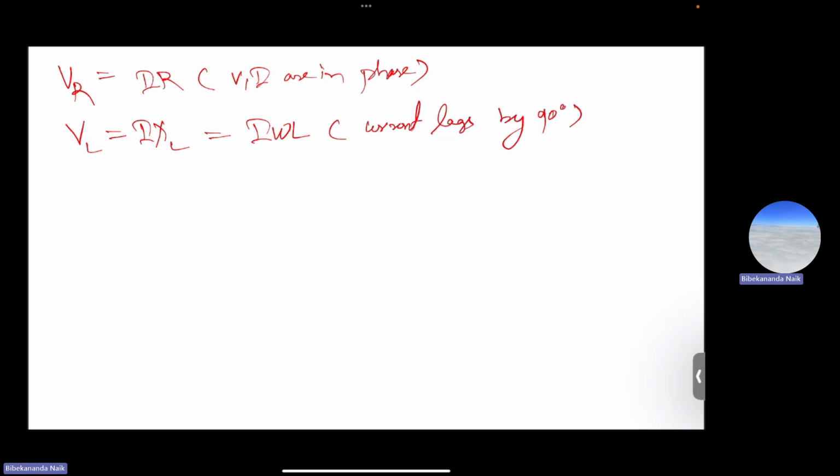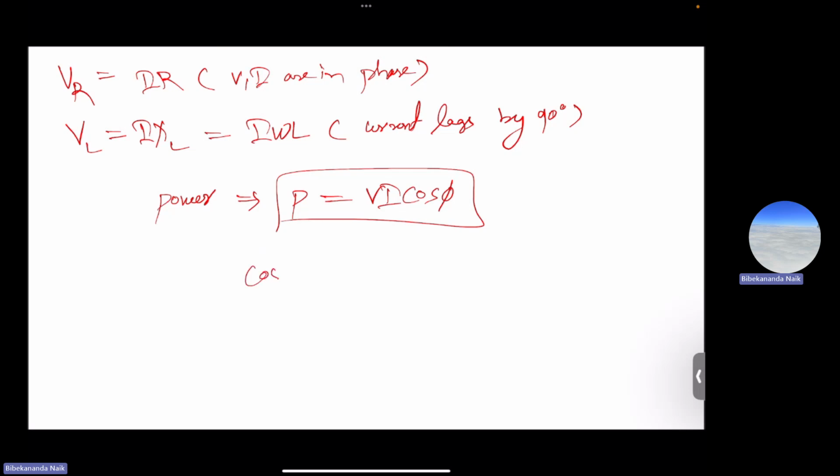That is how the phase difference can be calculated. And if you talk about the power, P is equal to VI cos phi, and cos phi is equal to R by Z, which is called the power factor.